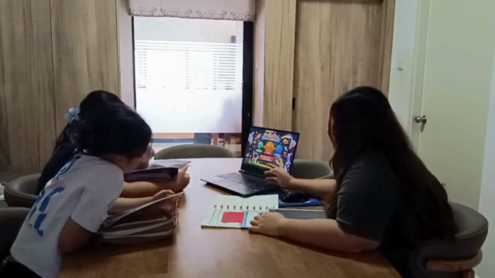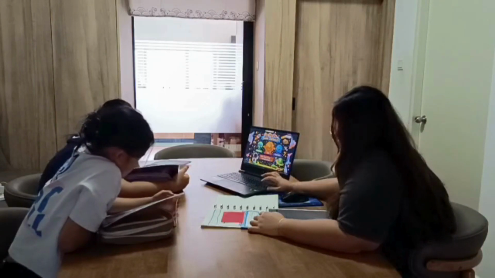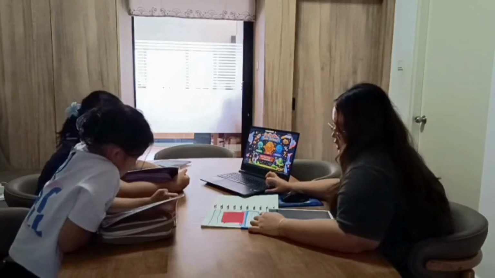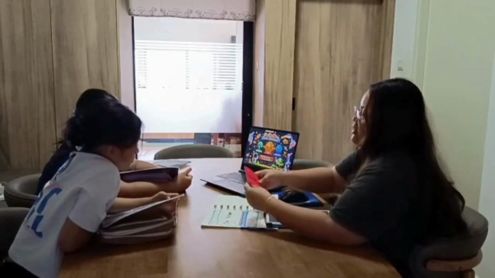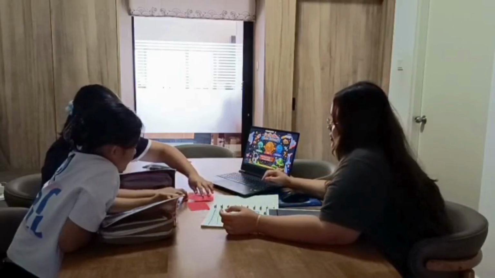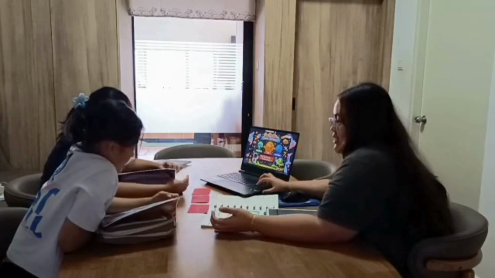Now next one. Look at this picture. A mystery asteroid has mixed up our solar system. I need one volunteer. Can you arrange this correctly? Who wants to correct it? Do you agree, Dila?